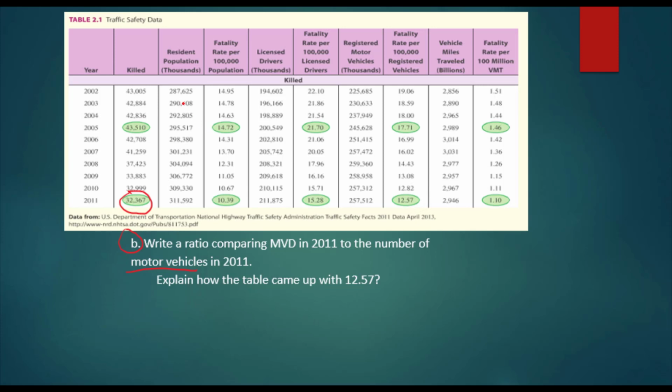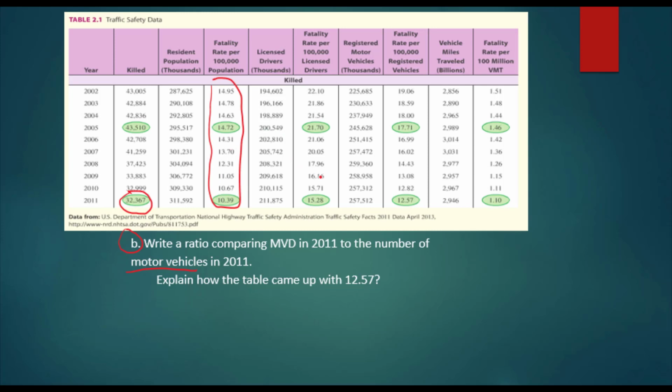Now, you might ask why. We already kind of looked at this. We did this analysis on this column here, which was fatalities per 100,000 in the population. Why do they have more information here? Why don't we just look at this? Isn't this enough? And the answer is no, because what if over the years the fatality rate per 100,000 has been dropping, but what if over the years less and less people are buying cars and more people are biking or living close, they could walk to work or whatever.